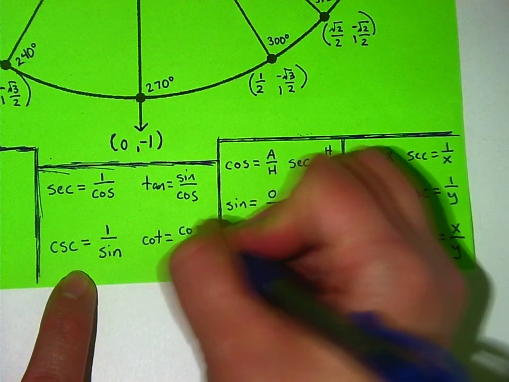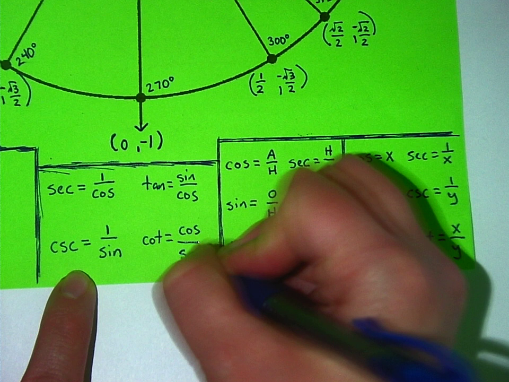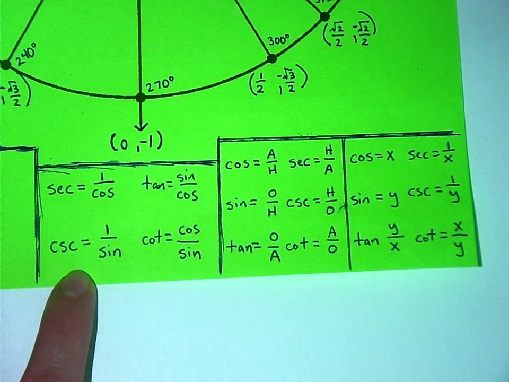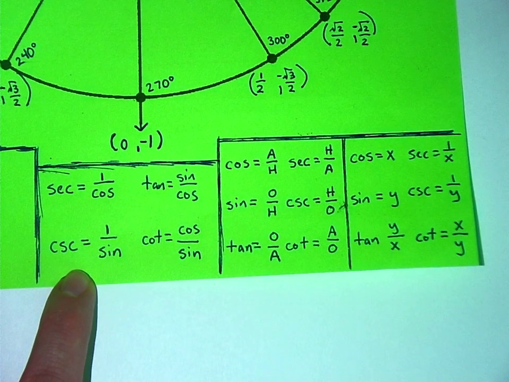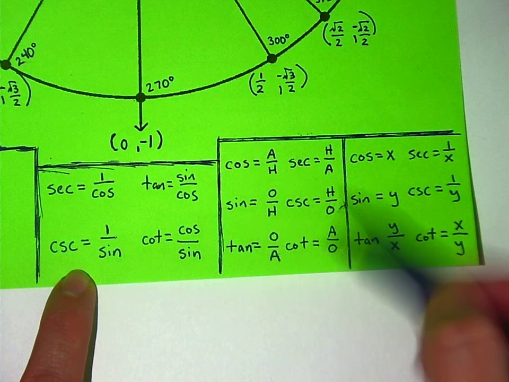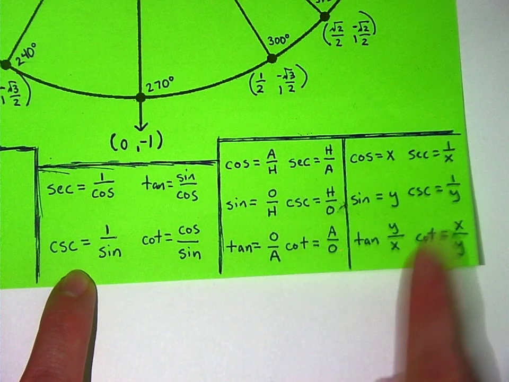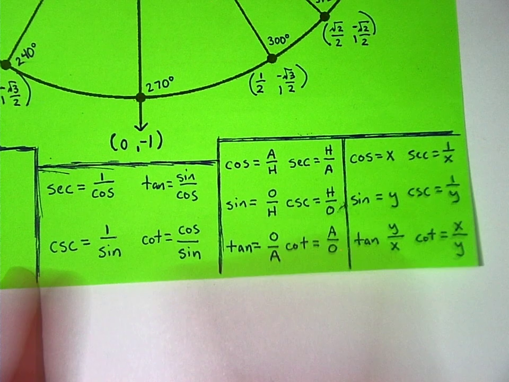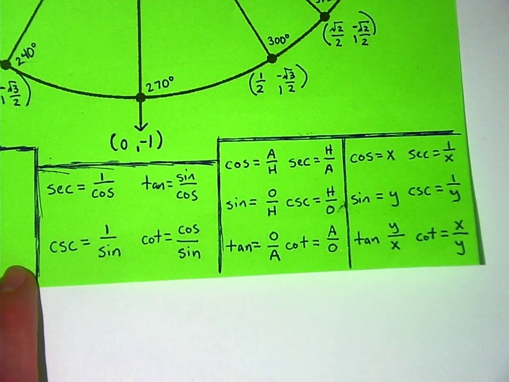Cosine over sine, because they're just flipped. So this is 3 different ways you can think about it. You can think about it like a triangle with adjacent, opposite, and hypotenuse. You can think about it in x's and y's on the unit circle, and you can think about it in relationship to each other.